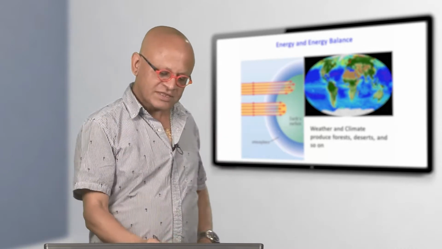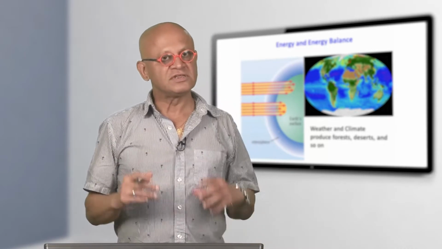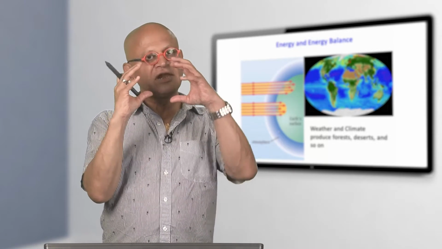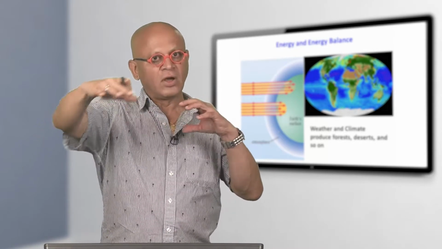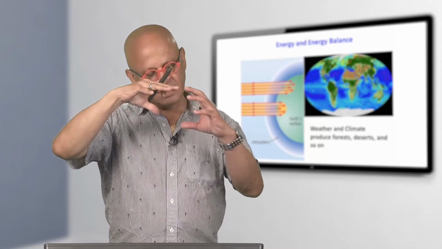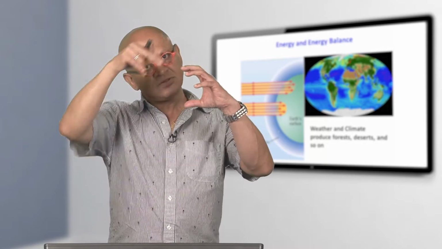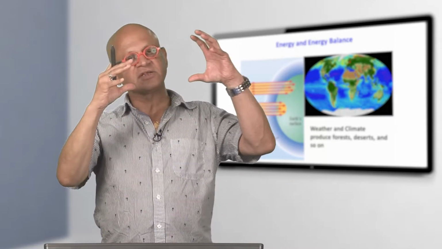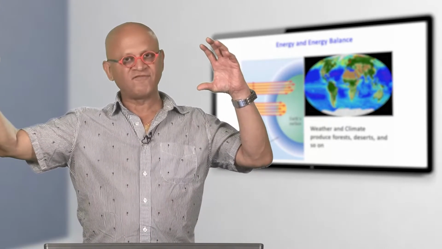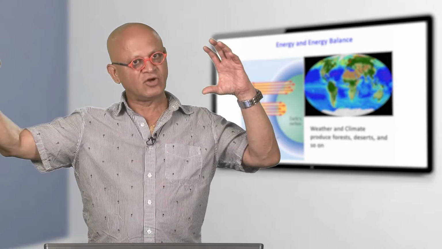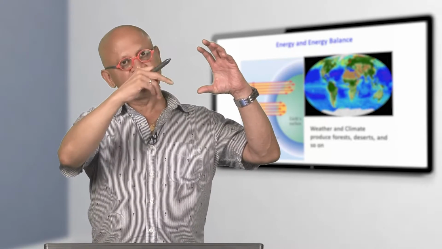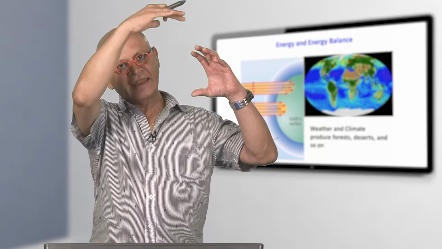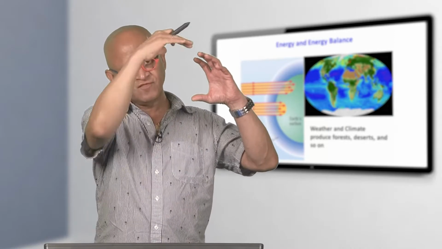So, let us start by remembering that our earth is a sphere and it is tilted on its orbit around the sun, and it is rotating around its own axis, which means if you take a basketball for example or a volleyball and put a flashlight on it, you will see that the center of the ball will be more lit than at the top or the bottom because of the curvature.